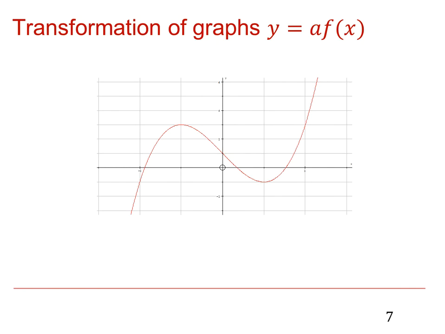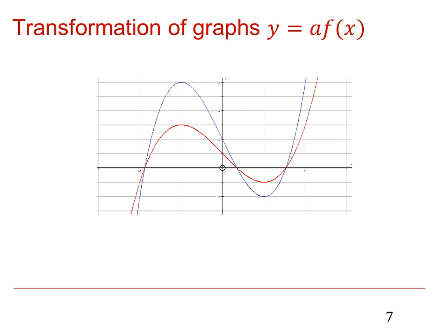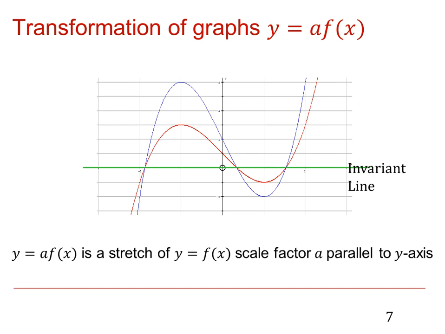And finally look at the stretches. If we have y equals a f of x, then this is stretched by a factor of a, with the invariant line being the x-axis. So we can say that this is a stretch scale factor a parallel to the y-axis.